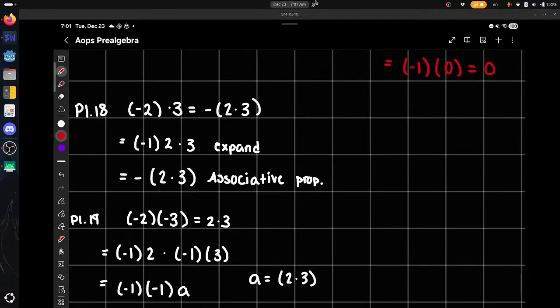Okay, now let's review it. So problem 18. We know that the negation is the same as multiplying by negation 1, so let's use that fact twice. Yeah, okay, so we did that.